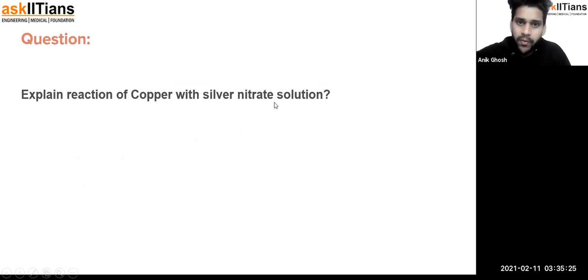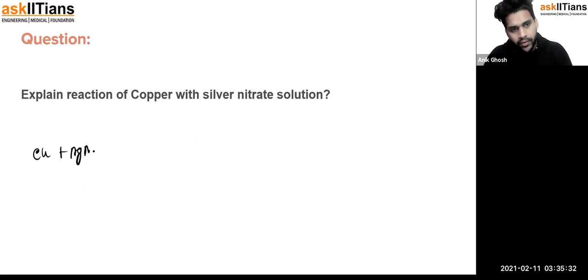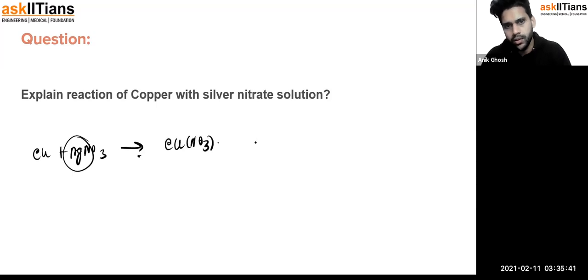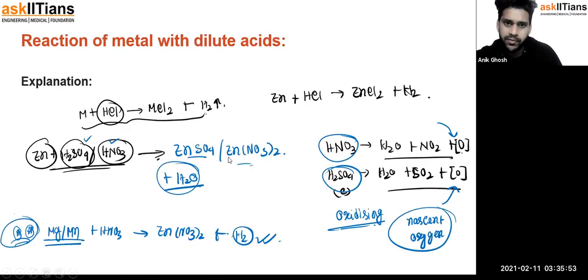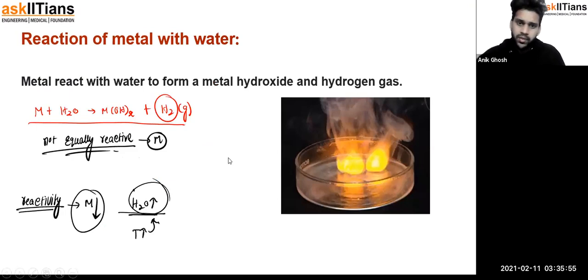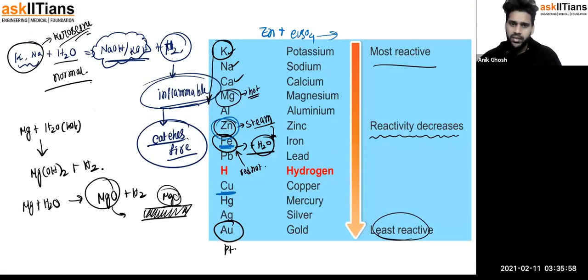Explain the reaction of copper with silver nitrate solution. If you take copper along with silver nitrate and go through the chart, you'll see that silver is below copper. So this is a displacement reaction, because if you compare the positions, copper is over here and Ag is over here.